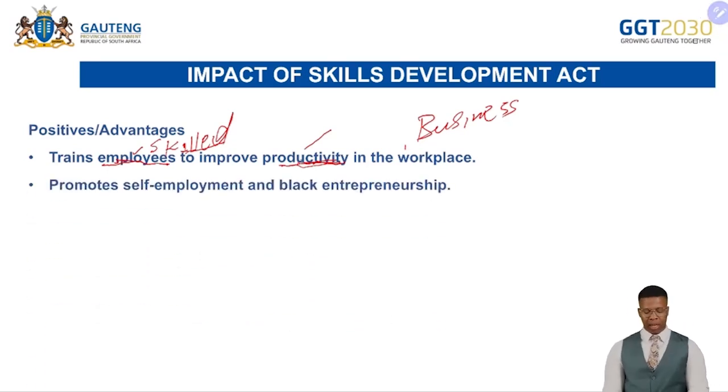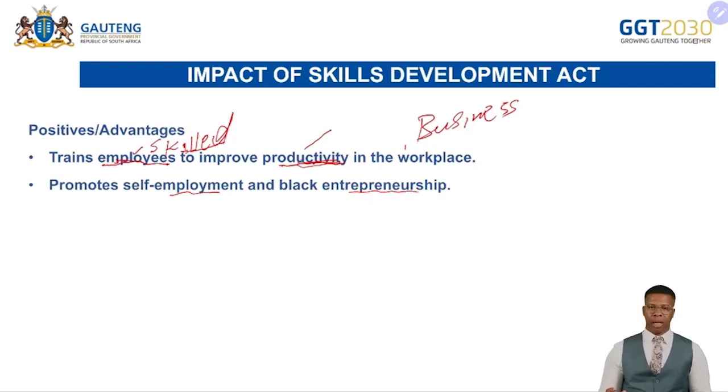Then another one is that it promotes self-employment and black entrepreneurship. Remember, this is an act developed by the government. So as I said, it will not only benefit the government, but the positives will also benefit the employees. To say it promotes self-employment and black entrepreneurship: now employees can be their own bosses and they can also start their own businesses.